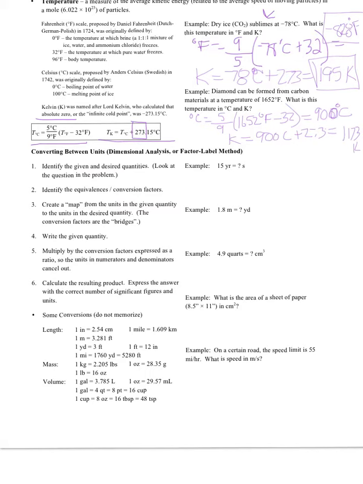This part right here could be a thought process, or it could be where you're already writing it out in your equation. You plug in your conversion factors and then calculate, okay? You do not need to memorize regular standard conversions.